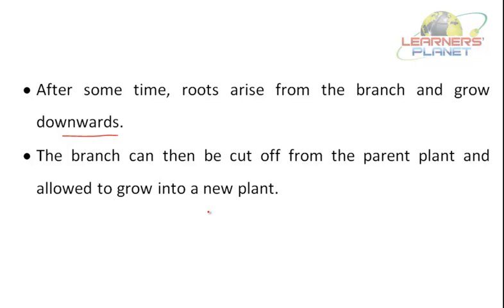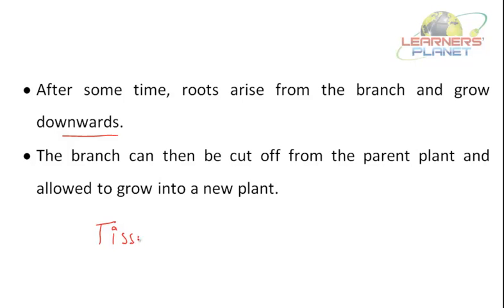I would like to discuss one of the facts with you, that several thousand plants can be produced from a small tissue of a plant, and such plants are usually free from disease. So this is done with the help of advanced technology, and you will be very amazed to know about this technology.